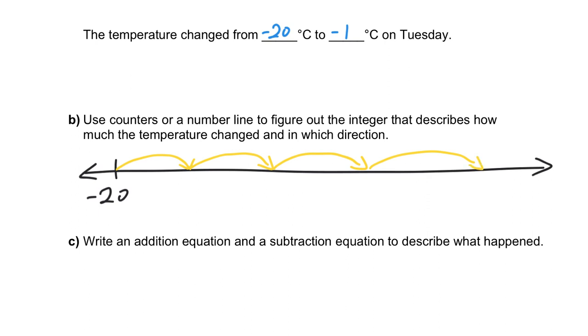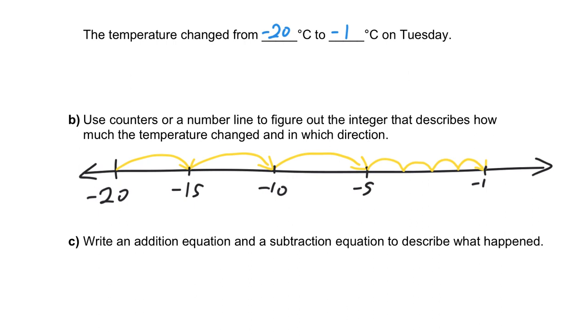Maybe I won't go all the way to 0. At this point, I will fill in what these stand for. Here we have negative 15, negative 10, negative 5, and now we can start jumping by 1. Negative 4, negative 3, negative 2, negative 1. Right there is negative 1.